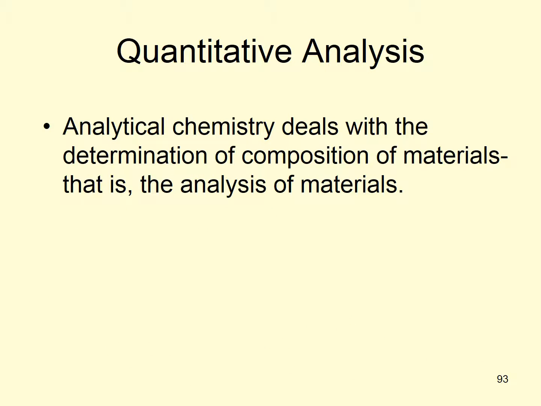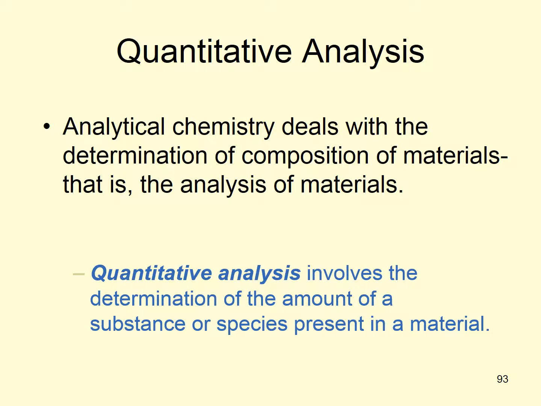Okay, so quantitative analysis, as you might imagine, is a way of figuring out how much of something you have. Analytical chemistry is the branch of chemistry that deals with the identification or composition of different materials, and specifically quantitative analysis is determining the amount of a substance present.